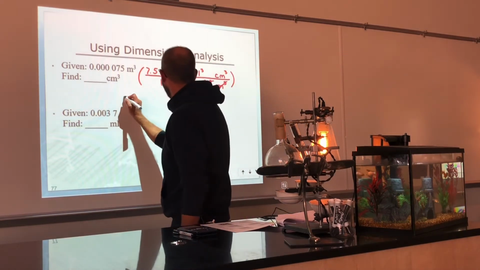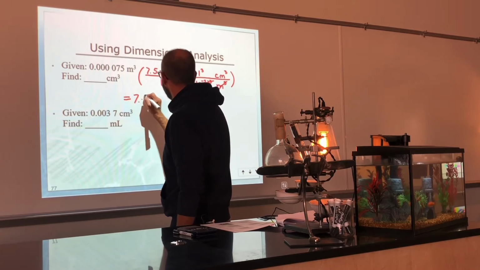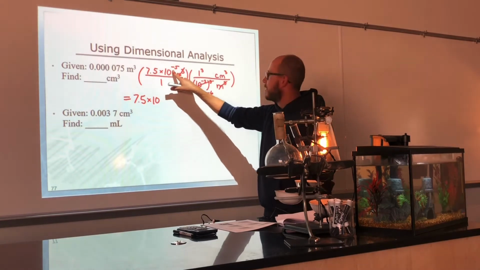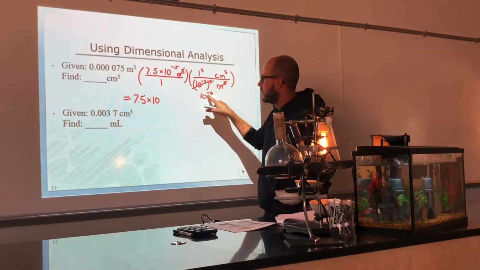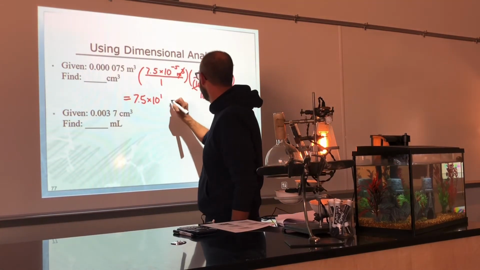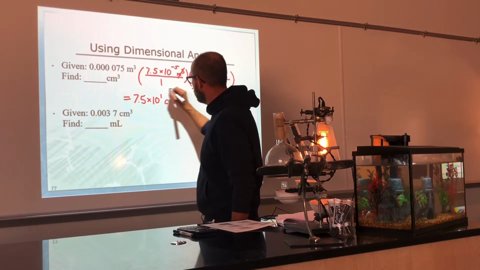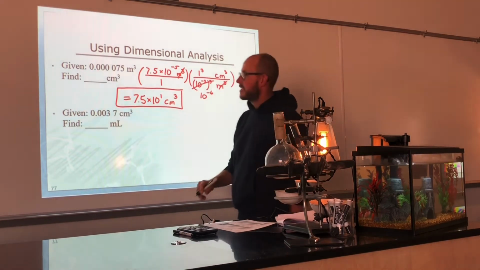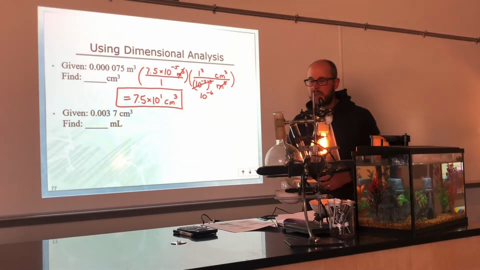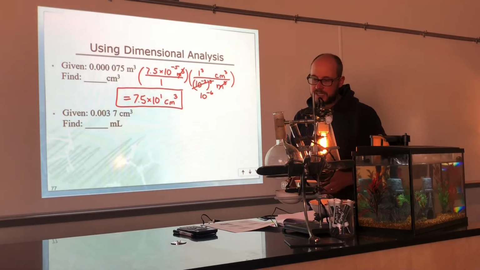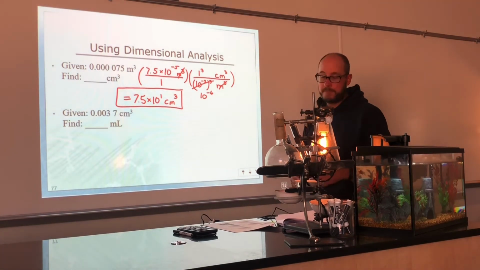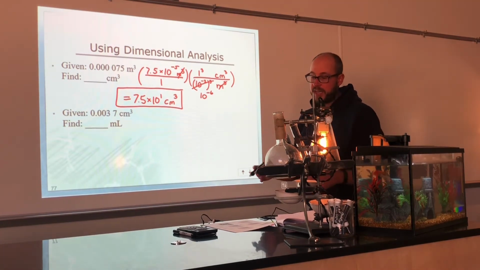To get this, we subtract exponents, so it's 7.5 times 10, and it's minus 5 minus a minus 6. Minus 5 plus 6 is 10 to the 1, and the unit centimeters cubed, and we're done. And again, you can express this also as 75 cubic centimeters. This same process is used for cubic centimeters as well as for cubic millimeters or any other unit.